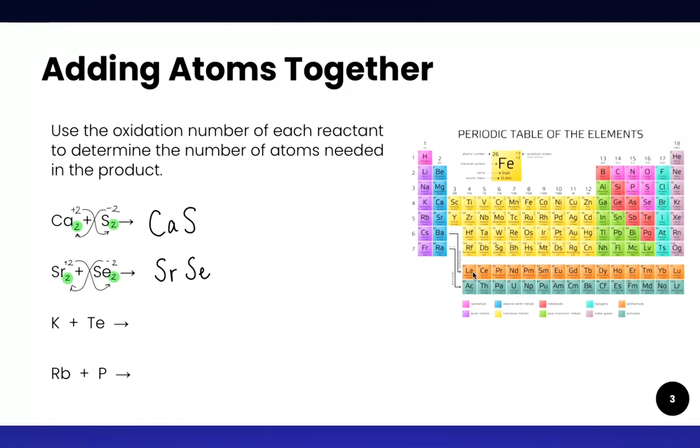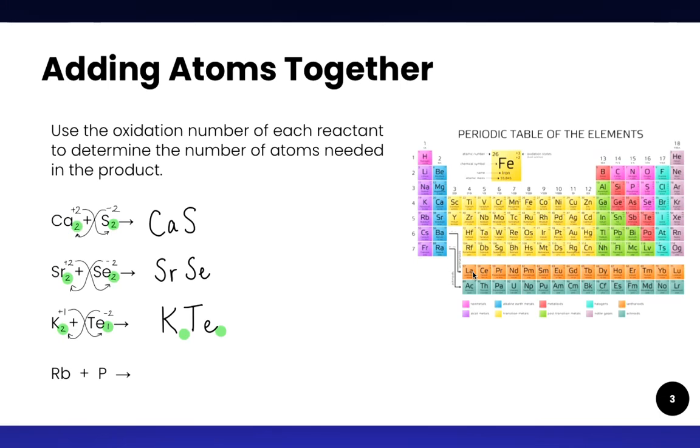Now we have potassium and tellurium. Potassium is a group 1 element, and tellurium is another group 6 element with a charge of -2. So we drop and cross those charges. Okay, so this is telling me that I need 2 potassium atoms for every tellurium atom in order to form a neutral molecule.